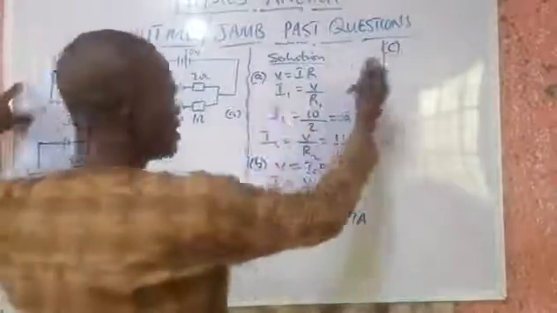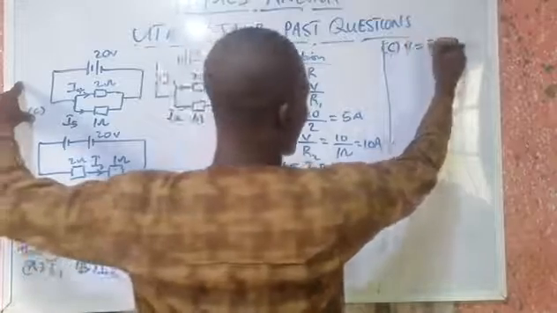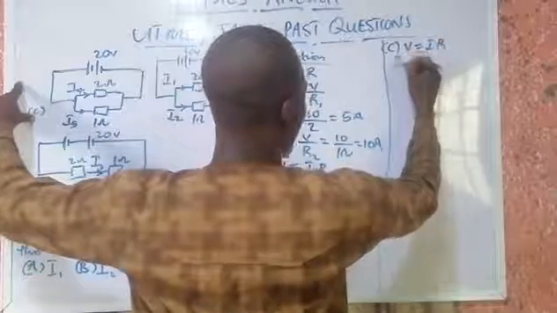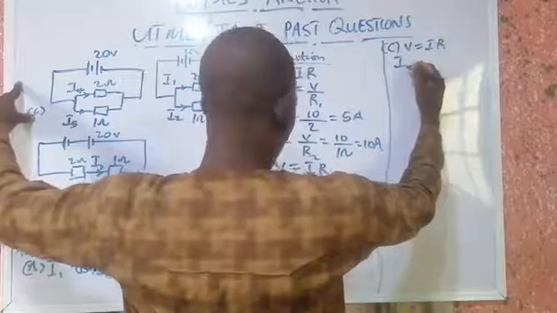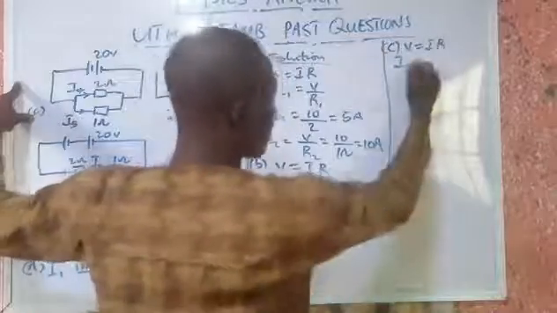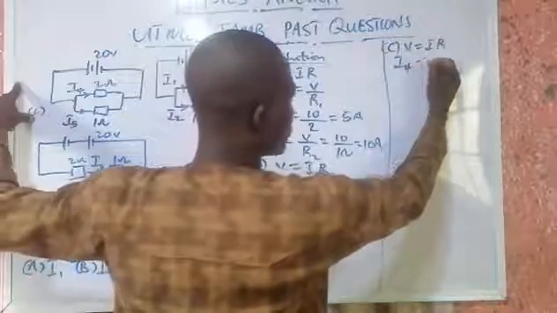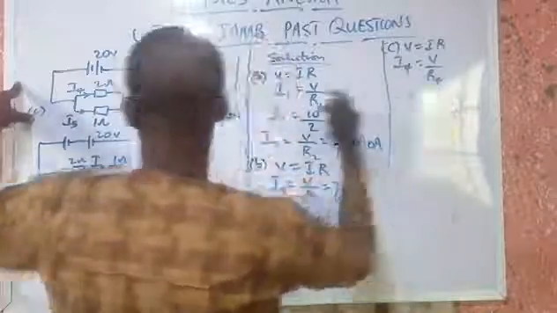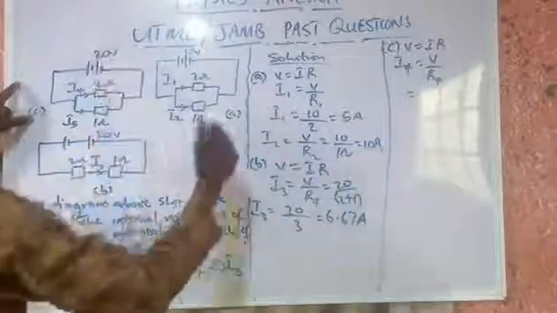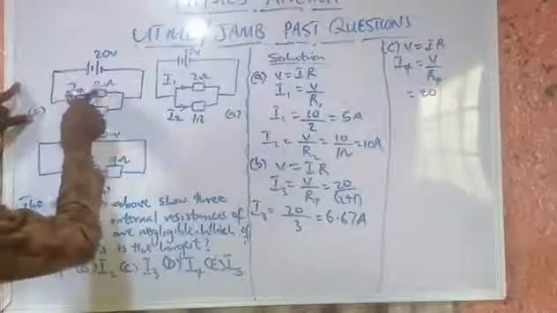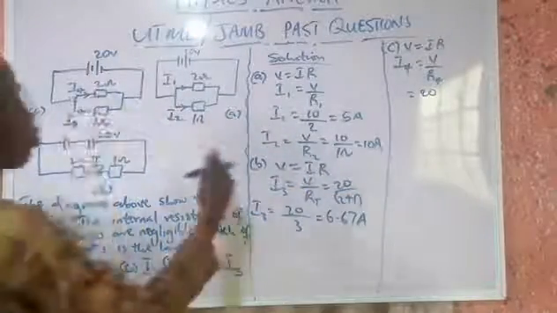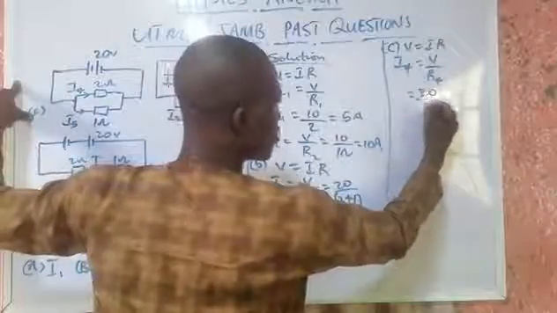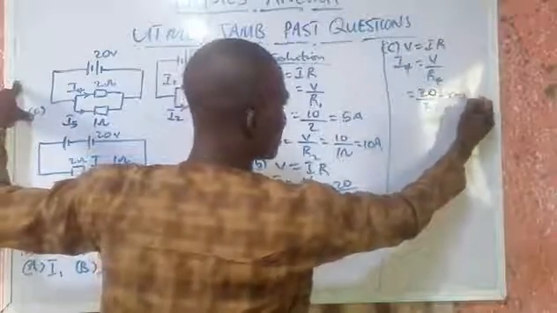The same way we did this one, we use V equals IR. I4 will be equal to V over R4. Our V here is 20, and R4 is a resistance of 2. So that will be 20 over 2, which is 10 ampere.